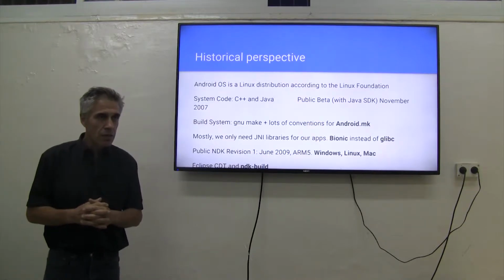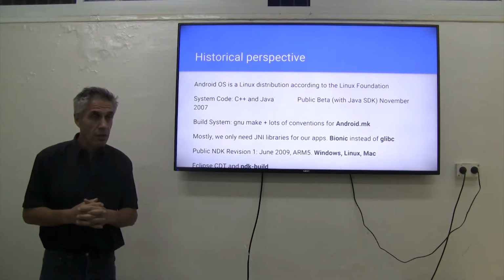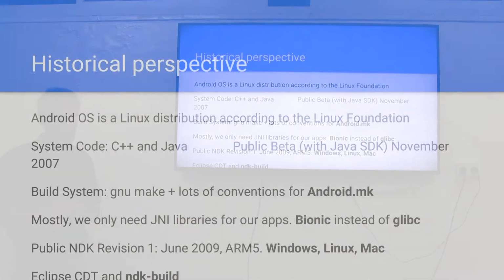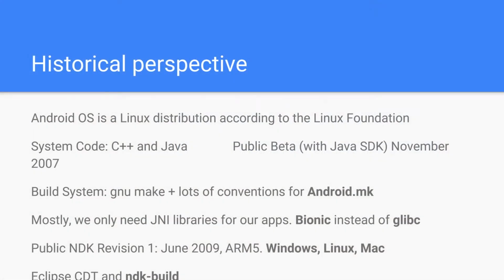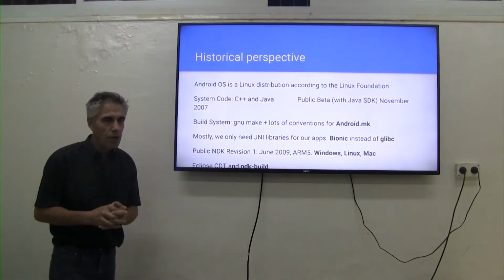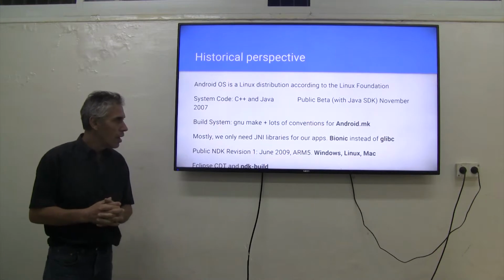that they must provide some public tools for C++ development, and they built NDK, Native Development Kit for Android, which was based on the same build model as the AOSP. And still, until today, we mostly use things like Android.mk to build our libraries.